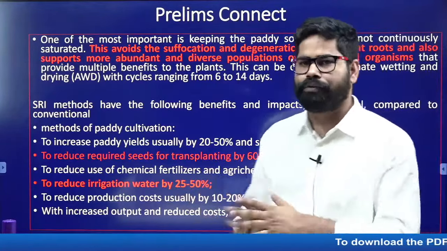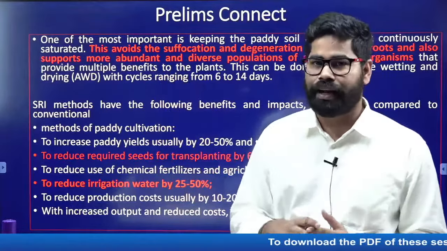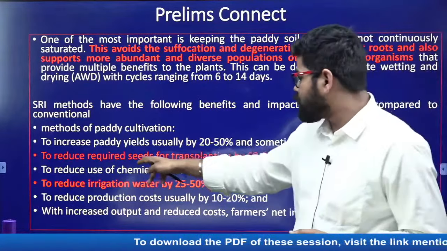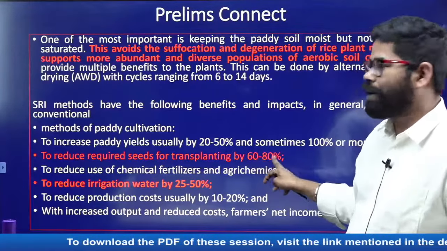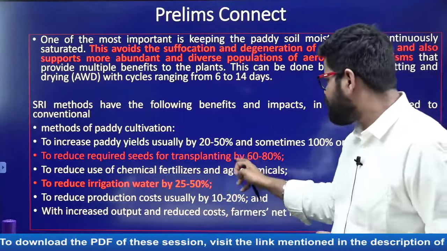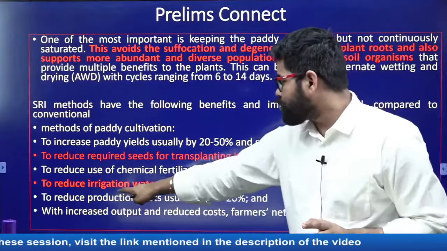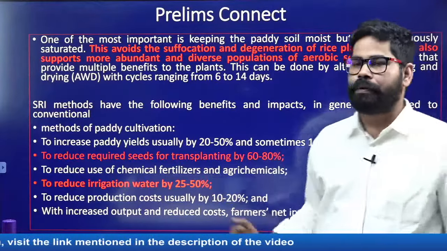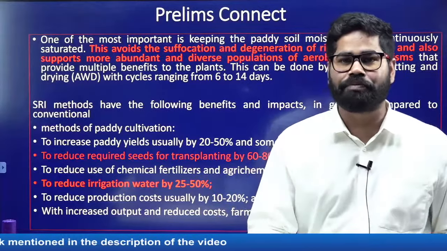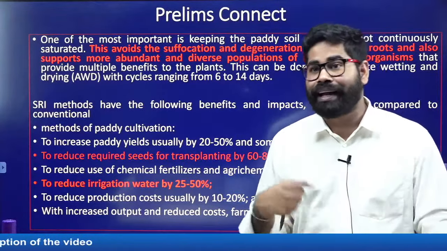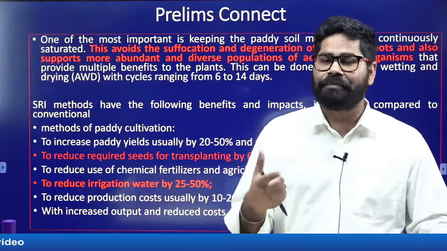They have given various reports on advantages of SRI. So it reduces the required seeds for transplanting by 60 to 80%, so there is massive saving in seed requirement, and reduces irrigation water by 25 to 50%. So even electricity consumption will be lower. The cost of agriculture would also be lower, and hence profitability can be higher.